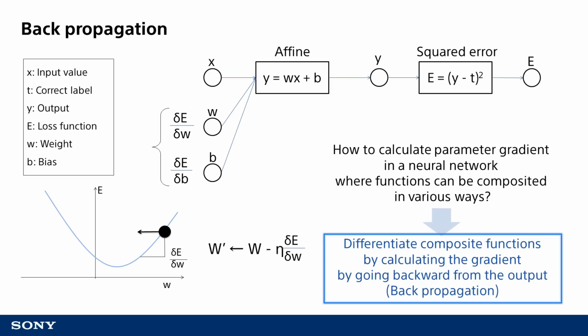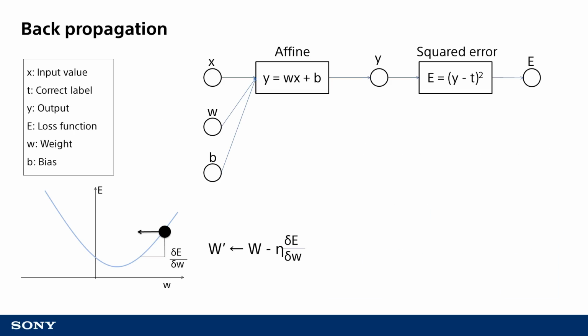You probably studied composite function differentials in your high school math class. You could say that this backpropagation is able to differentiate composite functions efficiently in computers. Next, we will look at the specific operation of backpropagation. Instead of obtaining the differential for the W of E right off, we first obtain the differential of the Y of E. This is square error. The square of E equals y minus t.